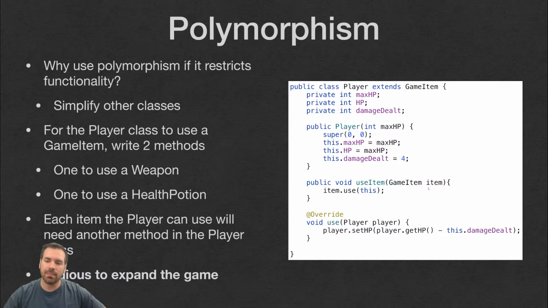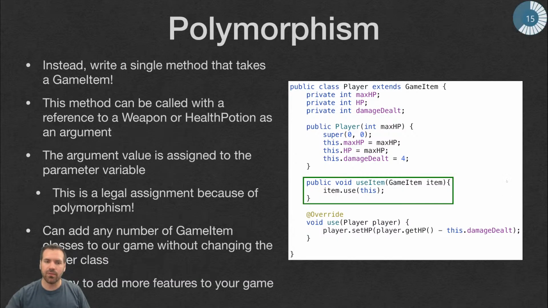So we have game item equals some weapon somewhere else in our code, but that's across a use item method call. That's where we will have these assignments. We won't have them inline in a local variable, but we will have them across method calls. That's where they're powerful. That's where we have objects of one type being stored in variables of another type. It's so we can write methods that work with the super type, and that method can be called with any child type of that type. That's the power of polymorphism, when it's across method calls.